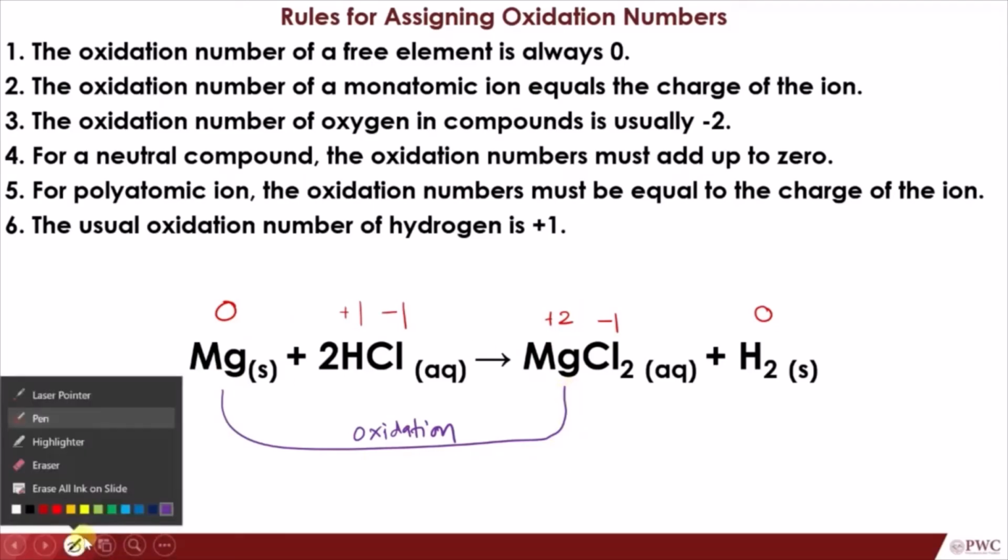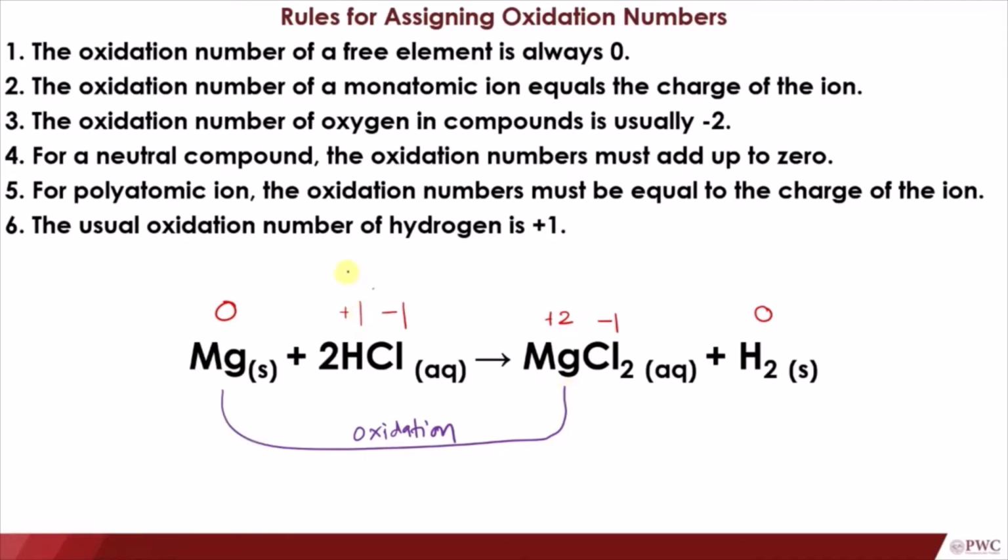Next, let's focus on hydrogen. Hydrogen goes from positive 1 to 0. So there is a decrease in the oxidation number. A decrease in oxidation number is reduction. So we say that hydrogen has been reduced. It has gained electrons.